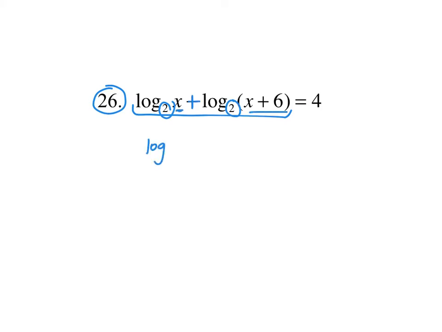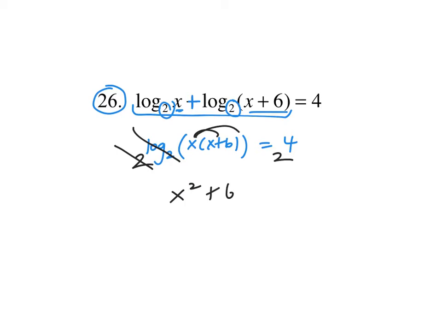So I can condense this as a single log, log base 2 of x times x plus 6 is equal to 4. So here, now that I have a log equaling something, I can exponentiate both sides by base 2. That gives me x squared plus 6x is equal to 2 to the 4th, which gives me 16.